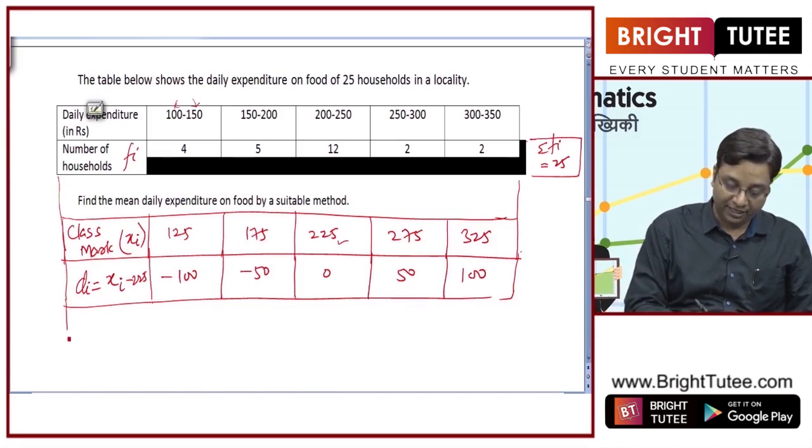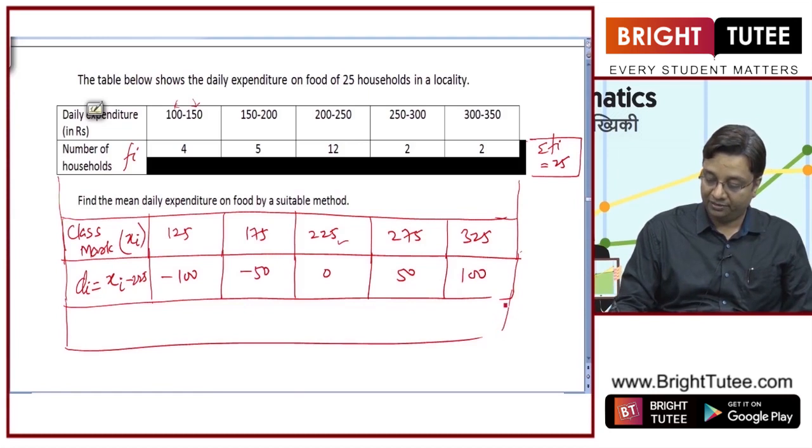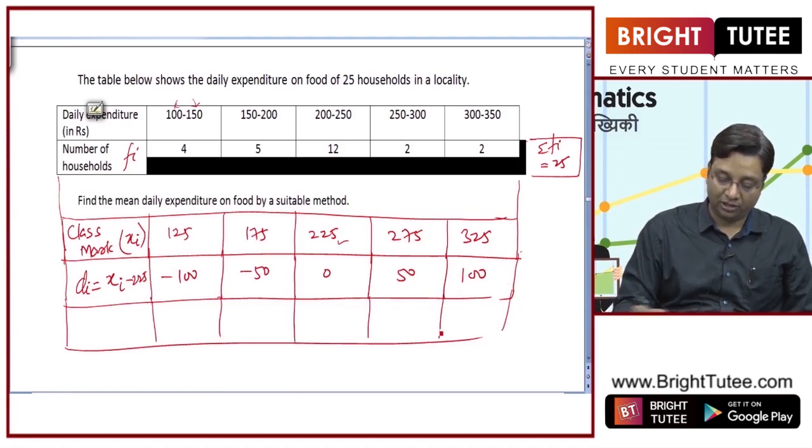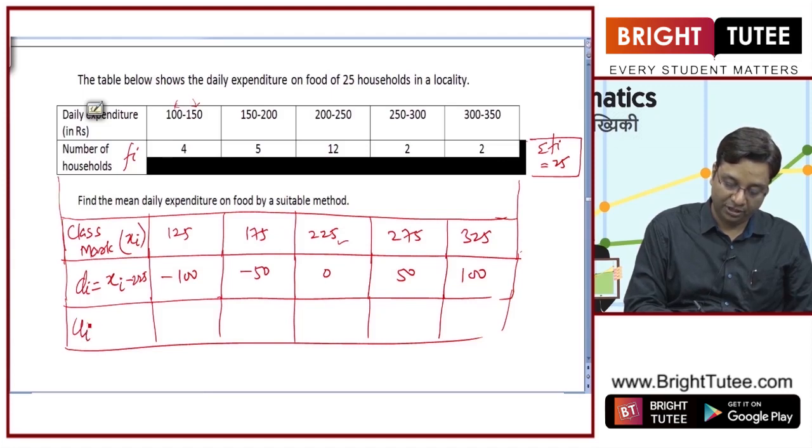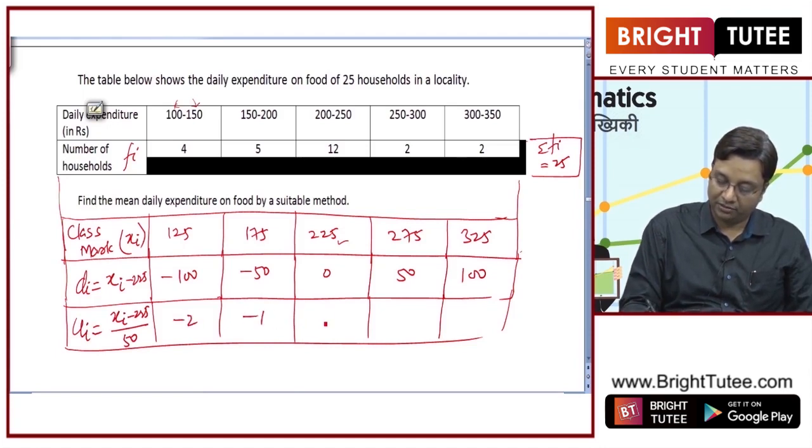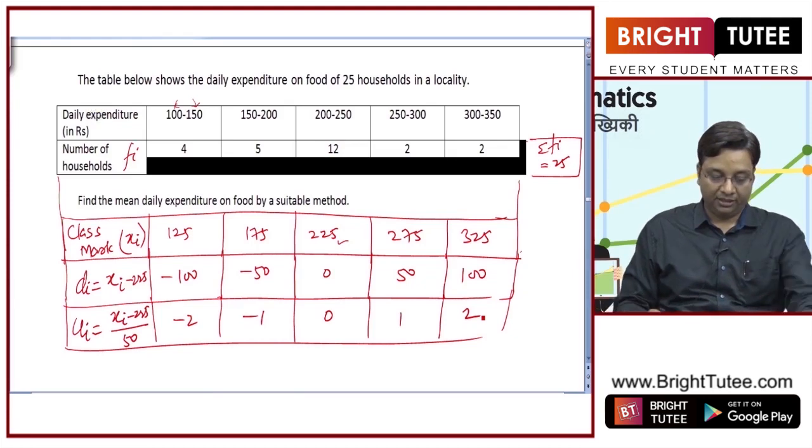Now I'll further divide it by, let us say, 50 to make these numbers even smaller. So I'll calculate ui by dividing these numbers by 50. So this will become minus 2, minus 1, 0, 1, 2, right?